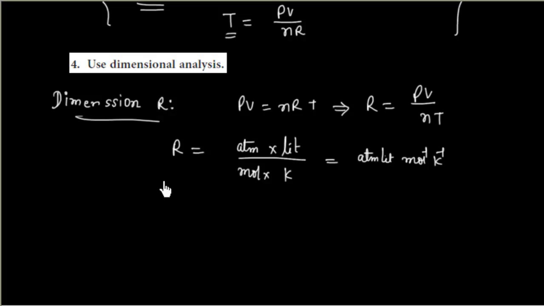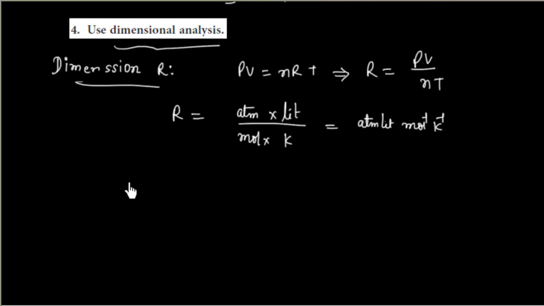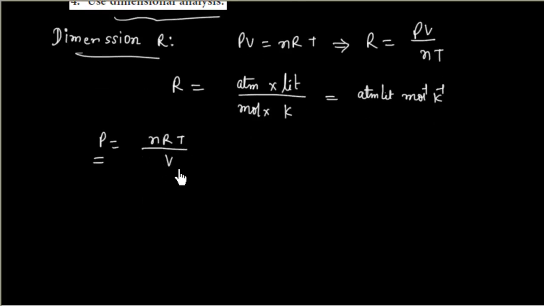Now let us see what using dimensional analysis means. Let us say I want to solve for pressure, that is nRT by V. I write the number of moles, R, T and V, all with units. Let us say I have a question in which n = 1 mole, T = 273 Kelvin, and volume is 22.4 liters, and we have to solve for pressure.